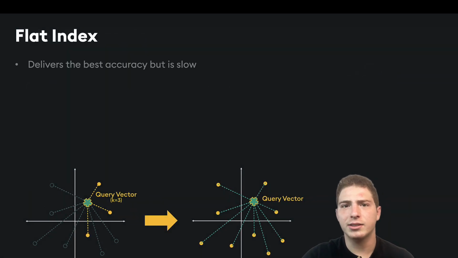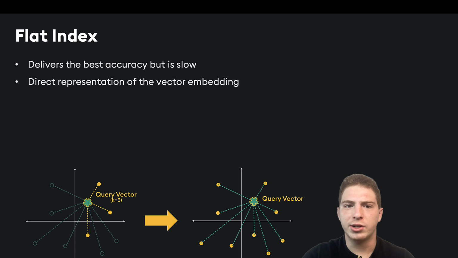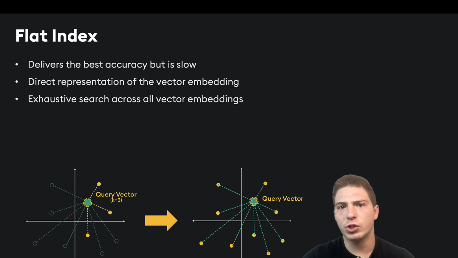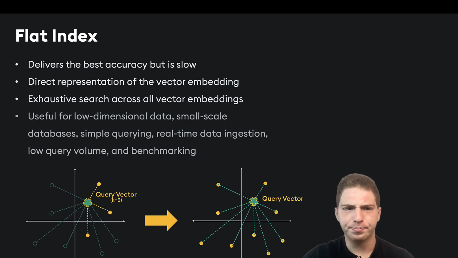A flat index is extremely accurate, but is slow. It uses a direct representation of a vector embedding, which means it doesn't compress it in any way. And it does an exhaustive search over all document vectors. It's good when you have low dimensional data, when your dataset size isn't very large, when you're doing real-time data ingestion. You can ingest new data extremely quickly.